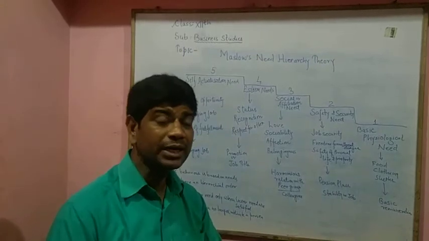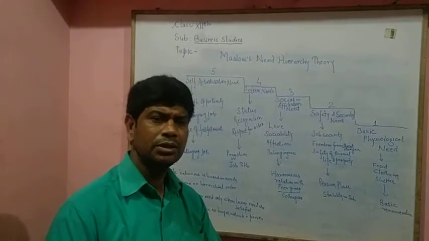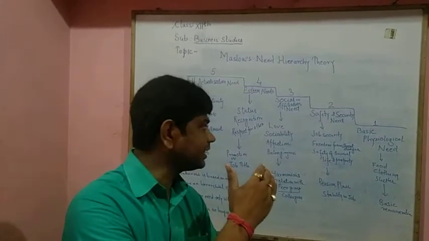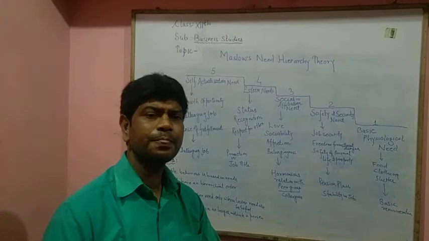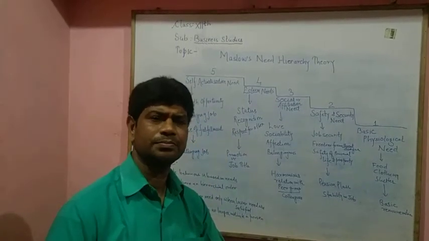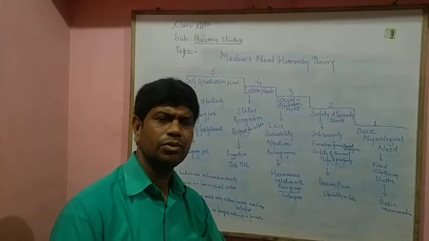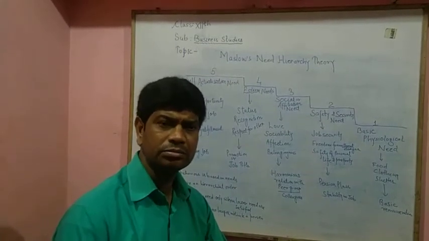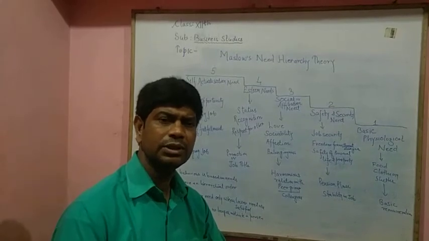And how can he do that? So these social needs or safety needs are categorized into three basic categories. The security: he wants that there should be security in future of getting that money.